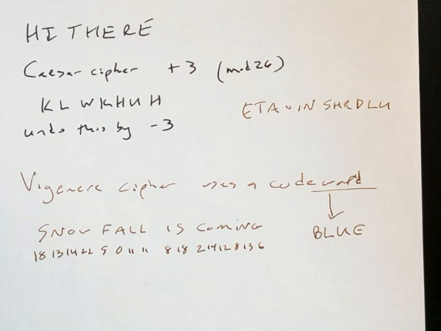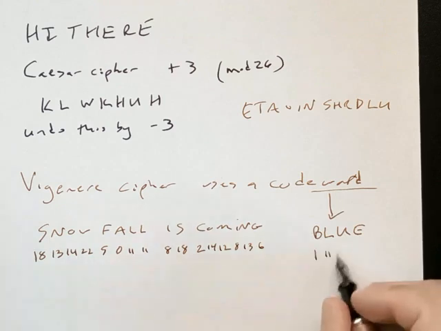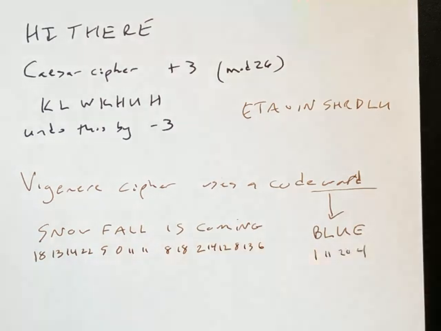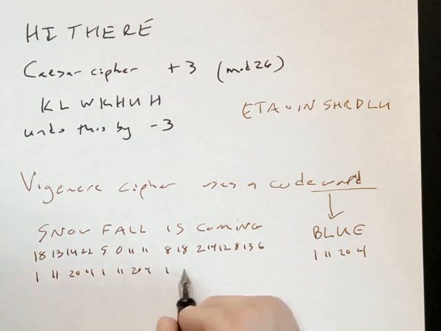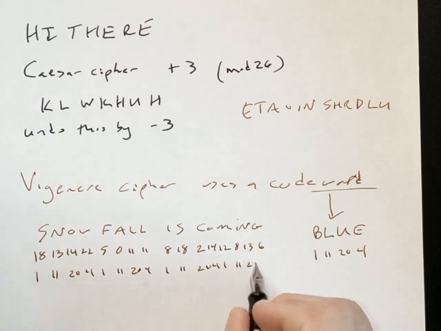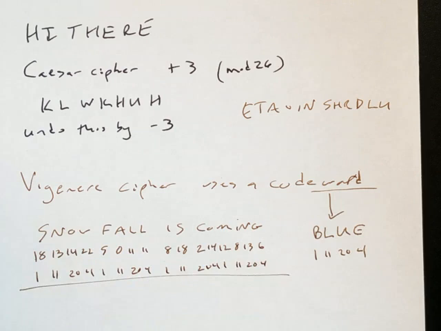And I do the same thing for my code word. And instead of just adding 3 to every number, I write down the code word under each of my numbers. And I add mod 26.